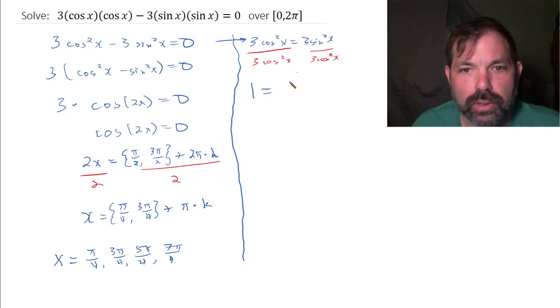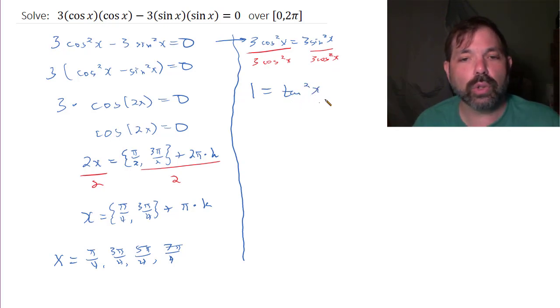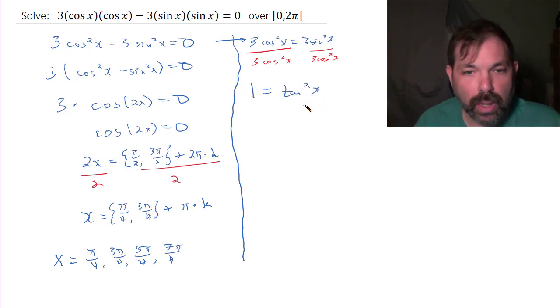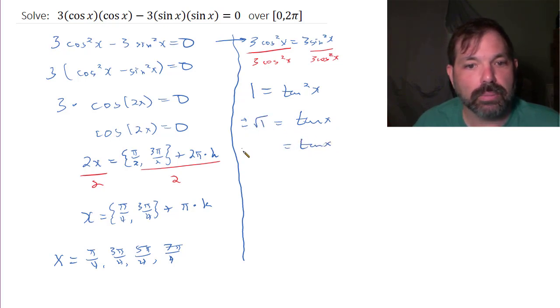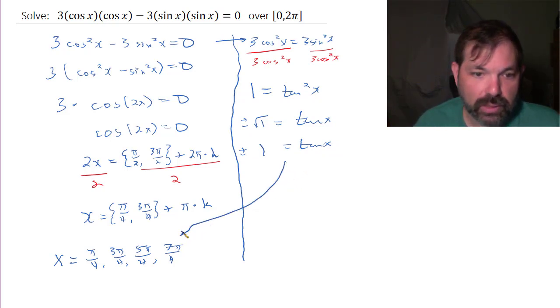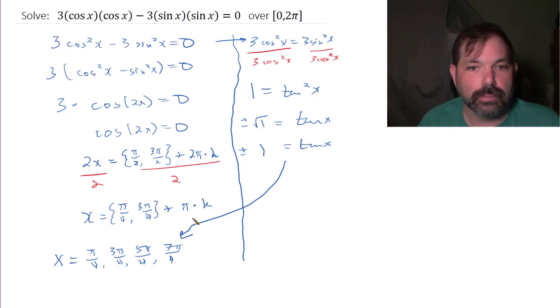So then 1 is equal to, the 3's divide out, sine square x over cosine square x is tangent square x. So tangent square x equals 1, and then applying the square root property, tangent x is plus or minus root 1. Tangent x is positive or negative 1, and then over 0 to 2 pi, that gives us the same 4 solutions. Either way works.